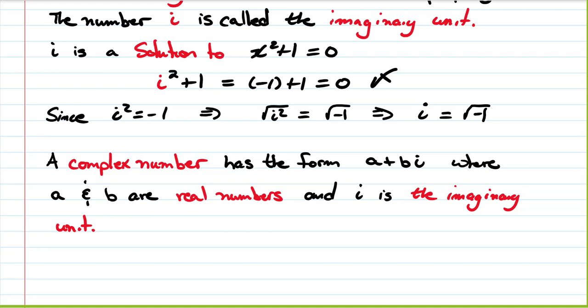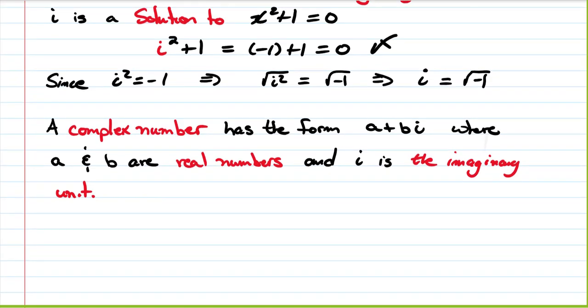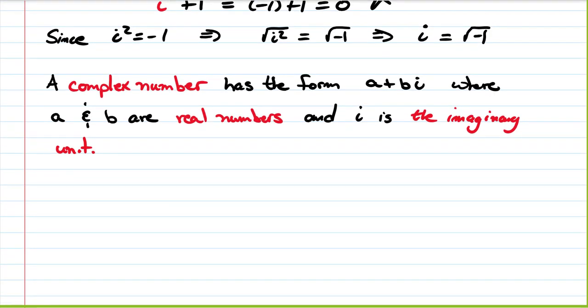So let's talk a little bit about the anatomy of a complex number. A complex number, as written above, has the form a plus bi. a is going to be called the real part. So that's the part that's not connected to the i.